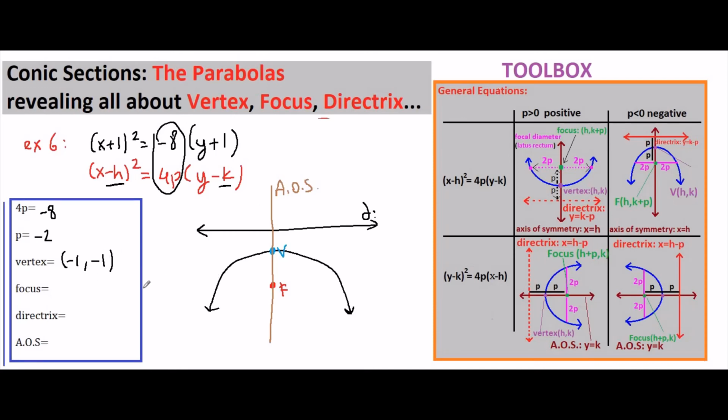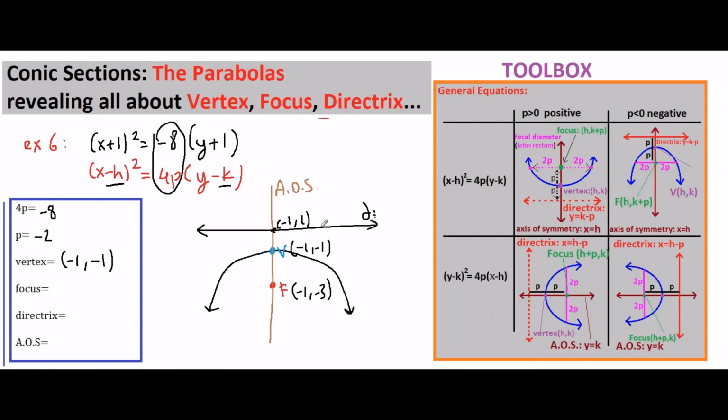Our focus is p units below the vertex in this case. So 2 units below, it's going to be negative 3. And our directrix is 2 units above, so it's going to be (negative 1, 1).